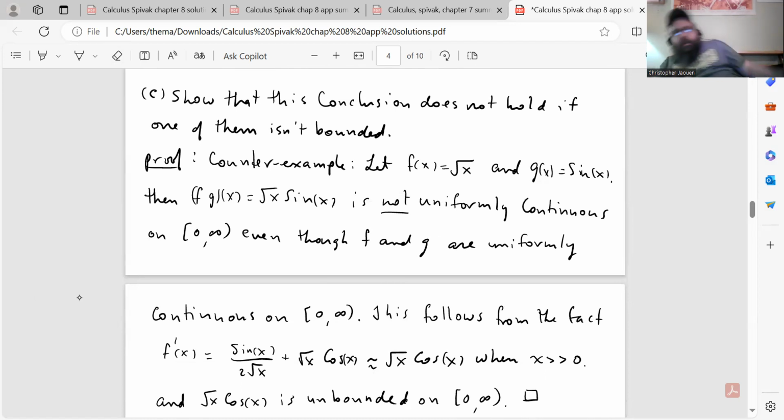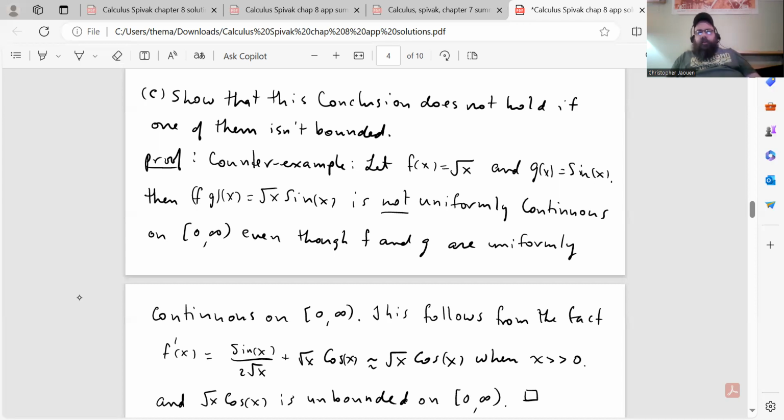Okay, part C, show that this conclusion does not hold if one of them isn't bounded, right? So I just came up with a counterexample here. Let's say that f of x is the square root of x. We know that that's uniformly continuous on the interval from 0 to infinity by the first question.